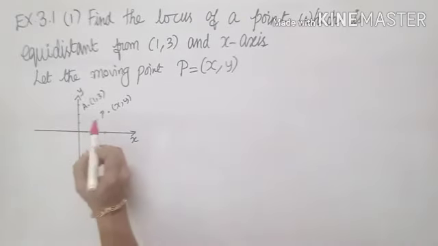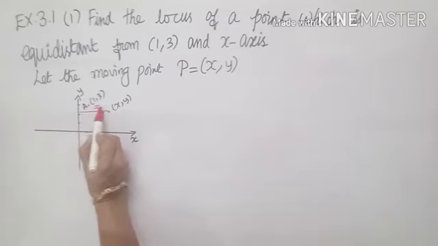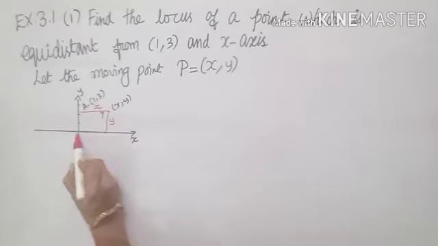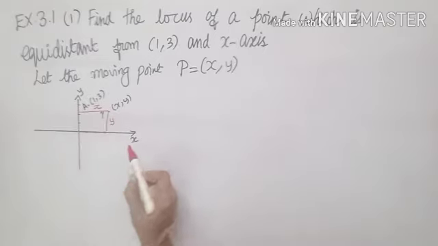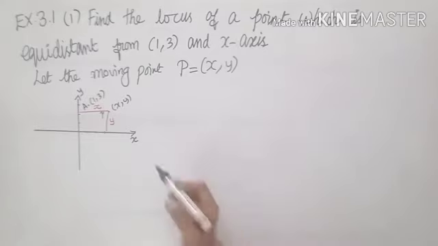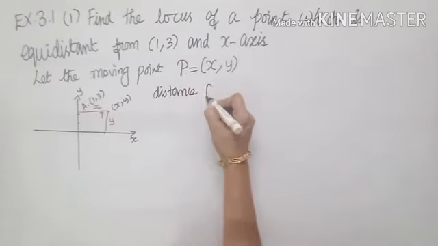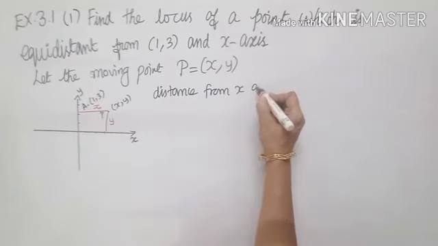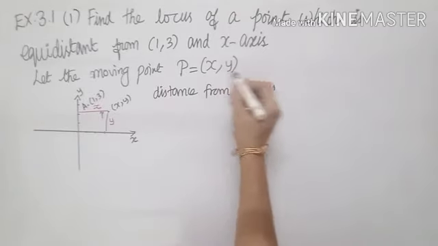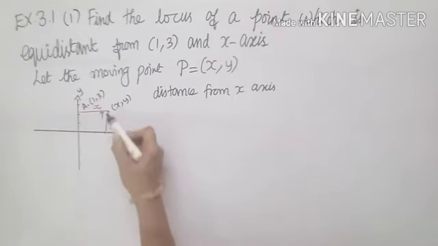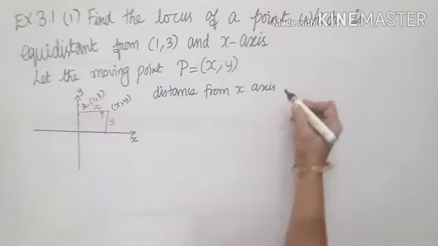From the point P, this I call the distance x and this I call the distance y. My question is distance from the x-axis, so distance from the x-axis is nothing but y. Since the coordinates are x, y, distance from the y-axis is x and from the x-axis, this distance I call y.